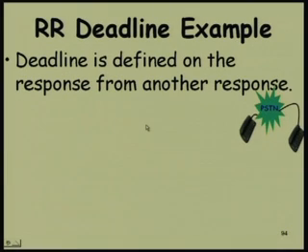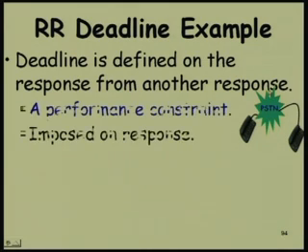Okay. Now, let us look at another example, a deadline defined on two response events. So, the deadline is defined on a second response event from a first response event. So, what kind of constraint will it be? It will be a performance constraint, is not it? Because the constraint is defined on the response.